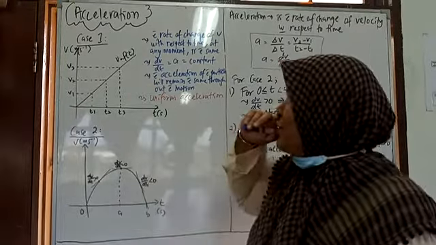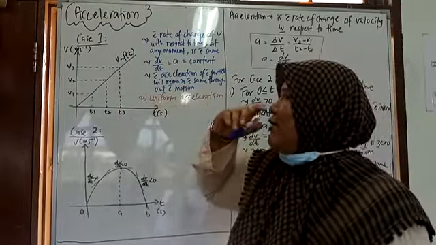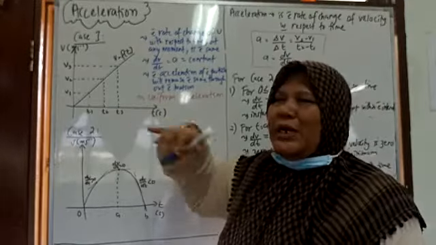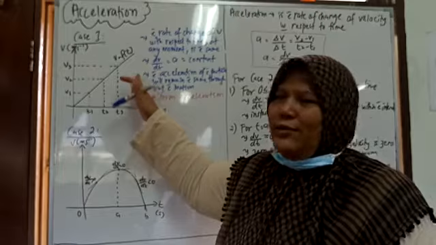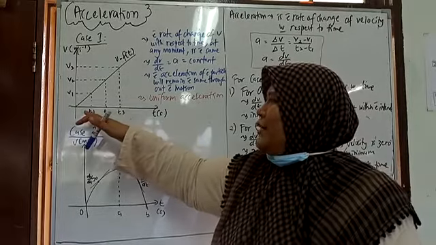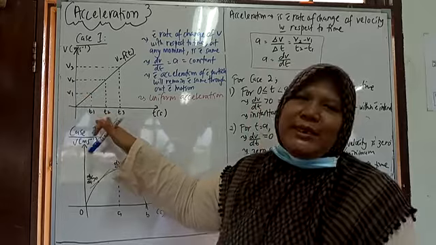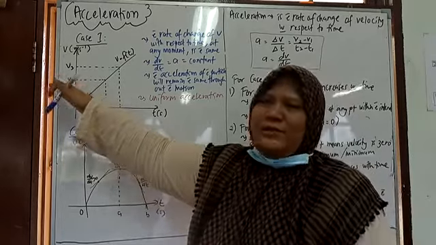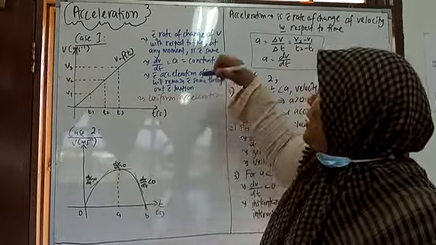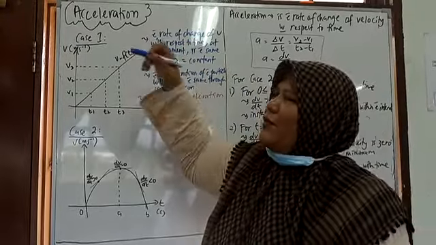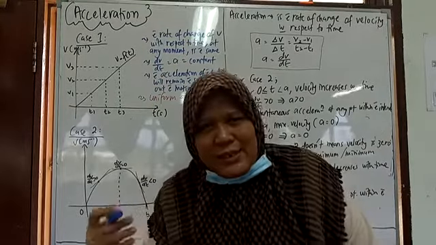For this first case, the linear graph, if we interpret this graph, at this T1 we have this velocity, and at the second we have this velocity. So first of all, what is acceleration?